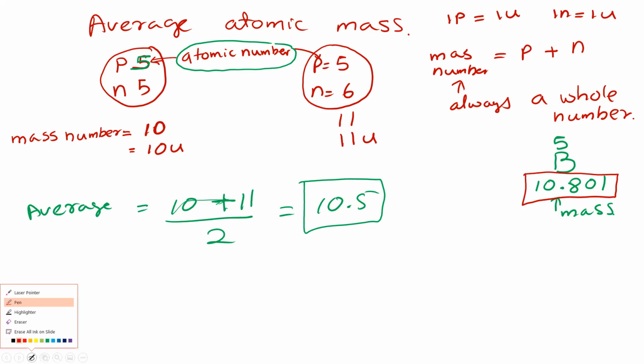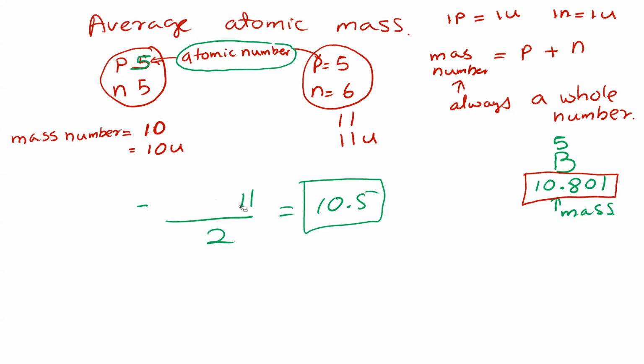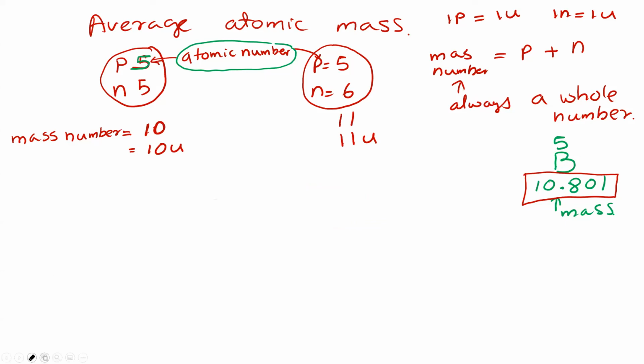So how did we end up with this? We ended up with that number because if we examine the abundance of elements in nature, they are not equally abundant. Boron has two isotopes: boron 10 and boron 11. In nature, boron 10 is 19.9% abundant.